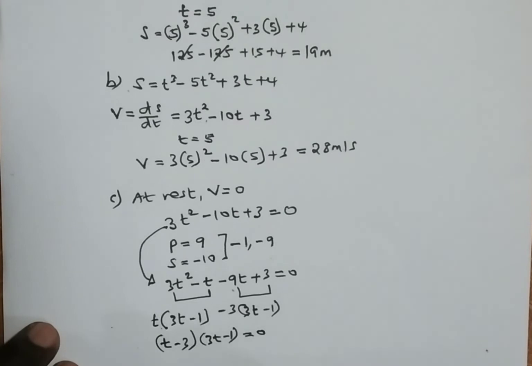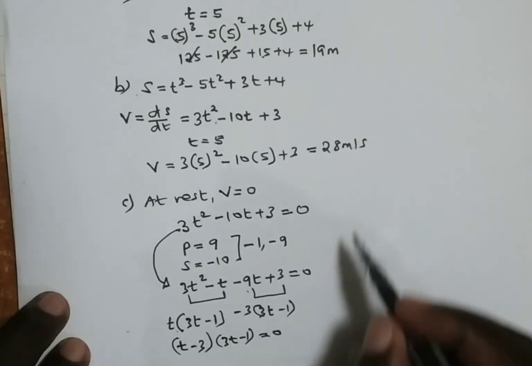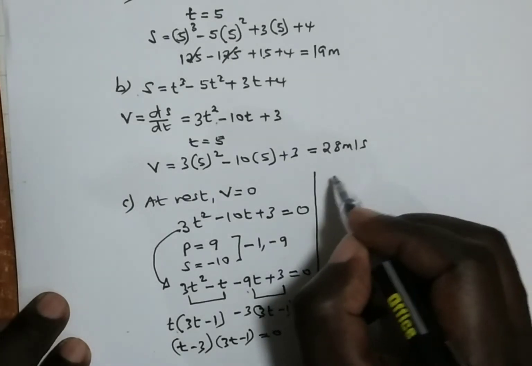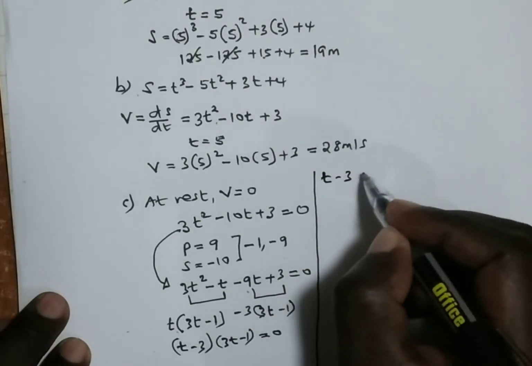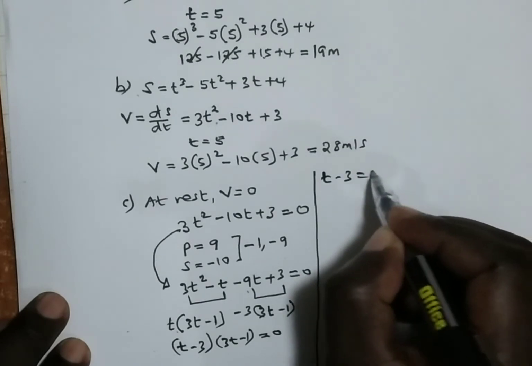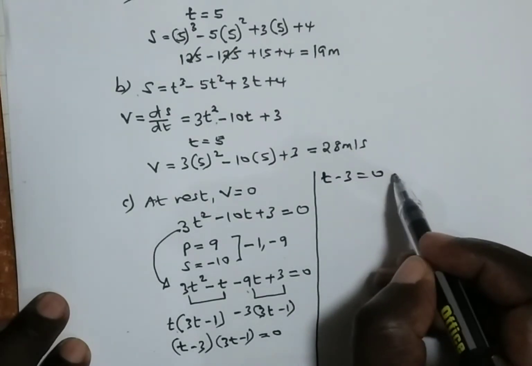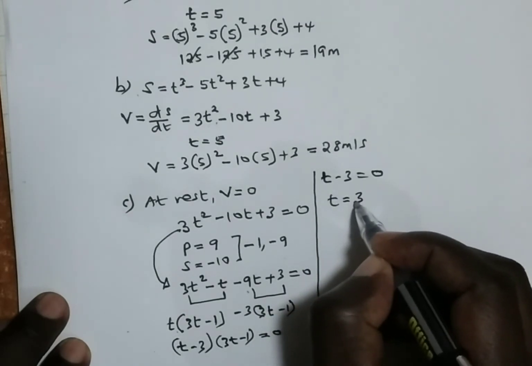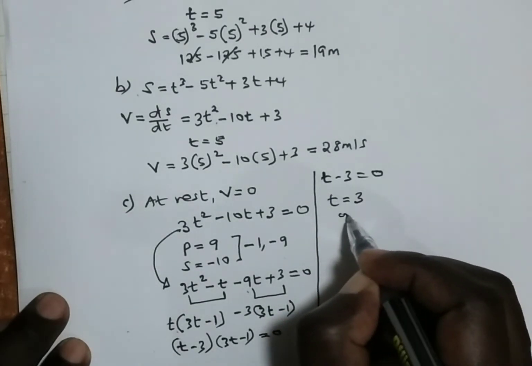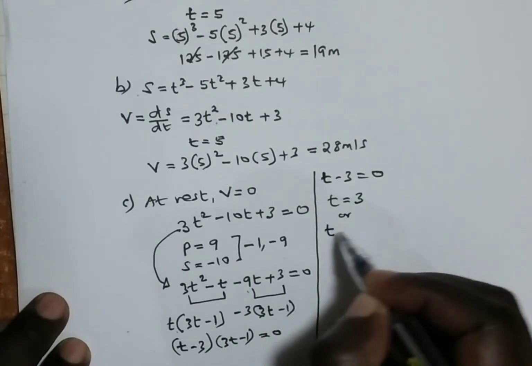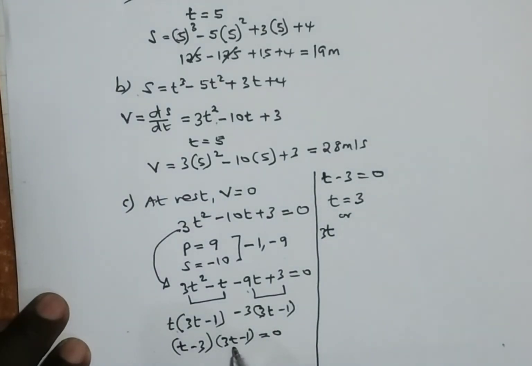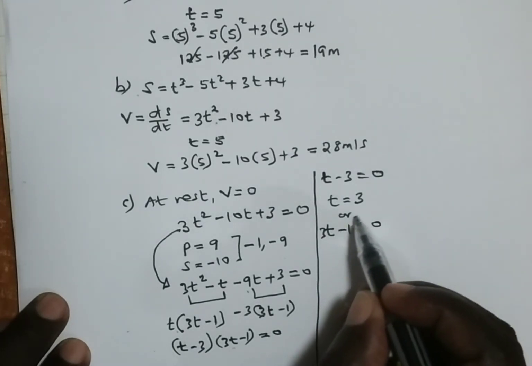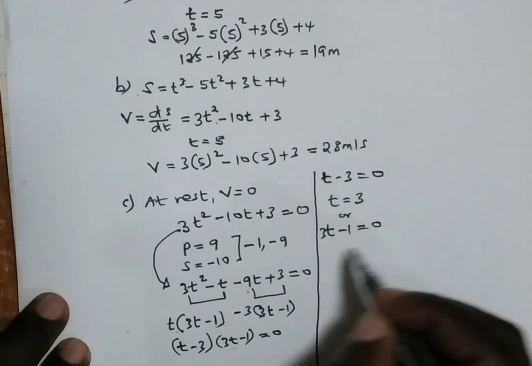Having done that, we have t minus 3 being equal to 0. So if you take negative 3 to the other side, t is going to be equal to 3. Or 3t minus 1 will be equal to 0. If we take negative 1 to the other side, it will be positive.